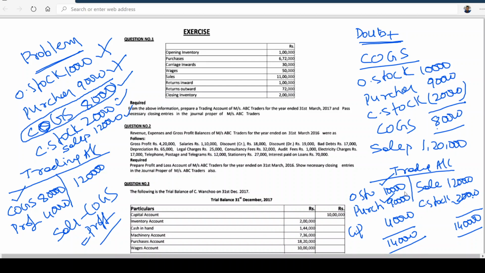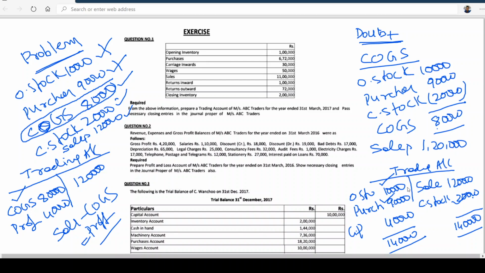If anybody is having a doubt, repeat once again. Cost of goods sold is also called adjusted purchases. When cost of goods sold or adjusted purchases is given, closing stock will not be taken to trading account. It will be directly taken to balance sheet.